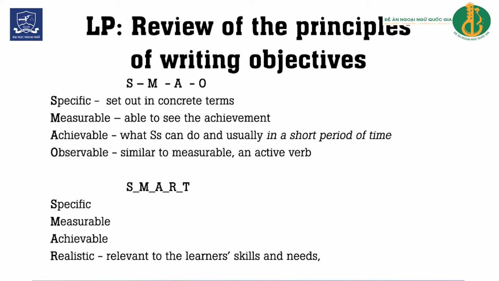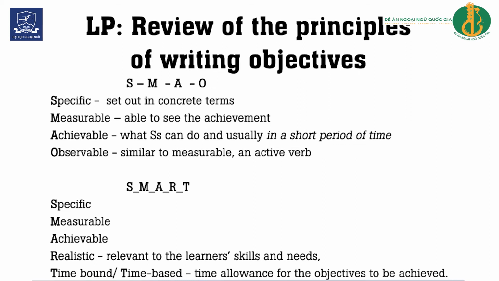That is, the objective must be relevant to the learner's skills and needs and suit the resources. T is for time-bound or time-based. The time allowance for the objectives to be achieved, as said earlier, is usually a short period of time. You may use by the end of the lesson or by the end of the unit.